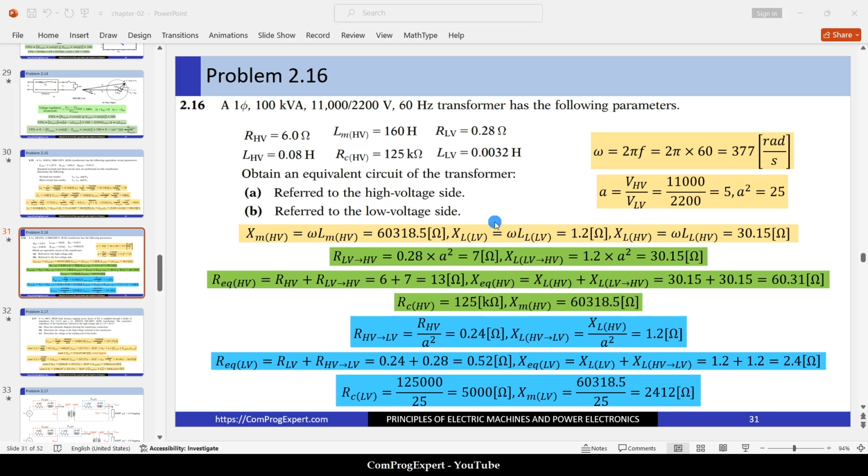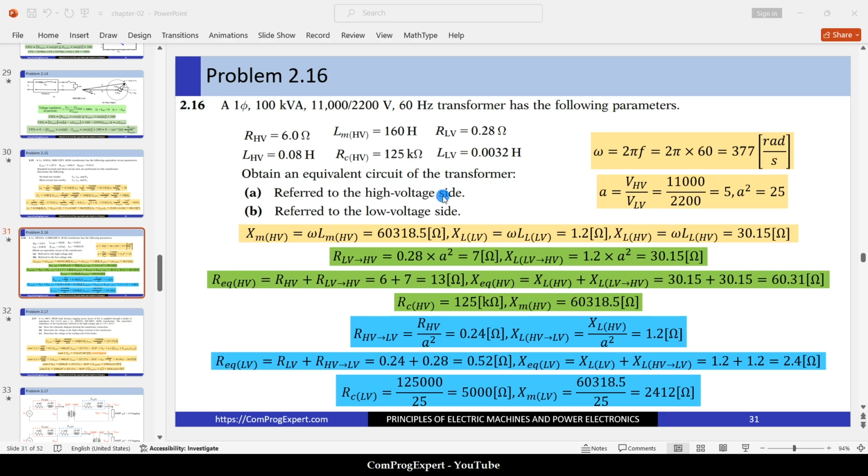One important point that you can realize from this problem is the value of the resistances. When we transfer the resistance of the high voltage winding to the low voltage, this number is close to the resistance of the low voltage winding.